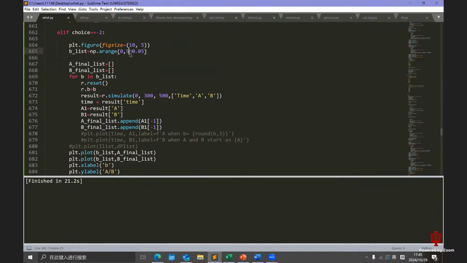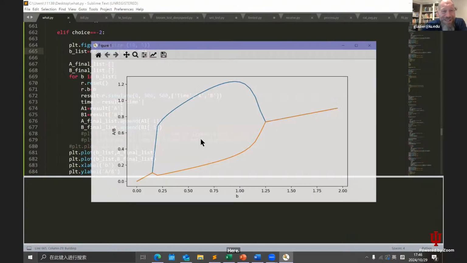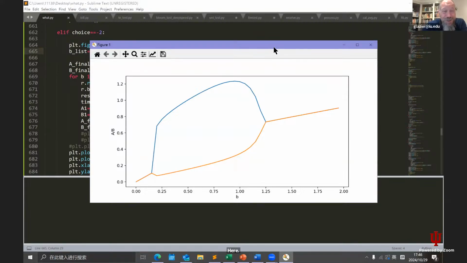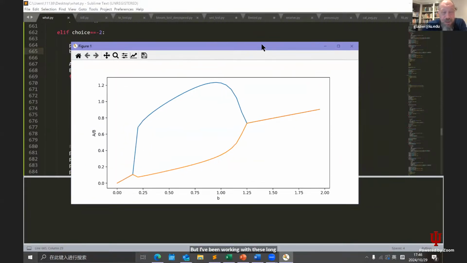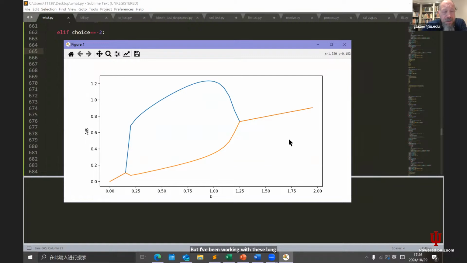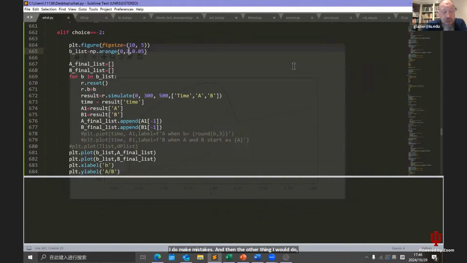Here. I mean, it's certainly not that I'm never wrong, but I've been working with these long enough that usually I catch these things. I do make mistakes. And then the other thing I would do, it'll run a little slower, but I would make the step size for B smaller because something interesting happens.